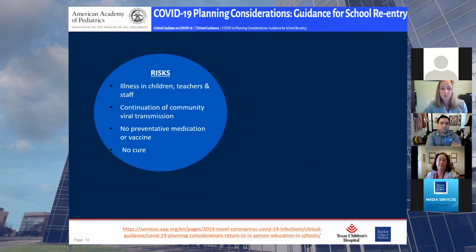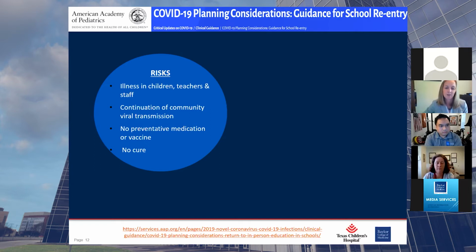The first most obvious risk is that it puts individuals at risk of getting infected. Again, as you get more people congregated together, particularly in indoor spaces where they're in closer contact, there's a risk of viral transmission. And we need to think about this in the context of further community viral transmission.